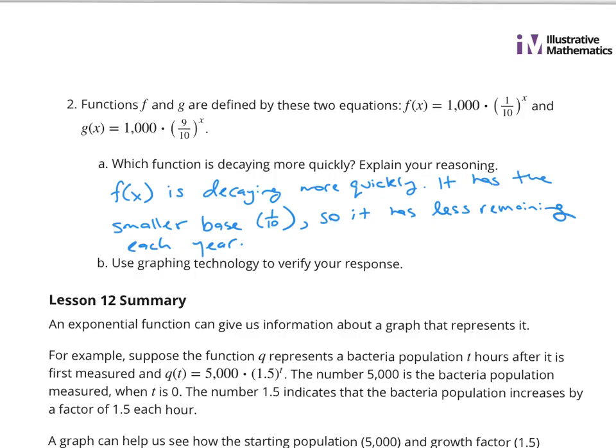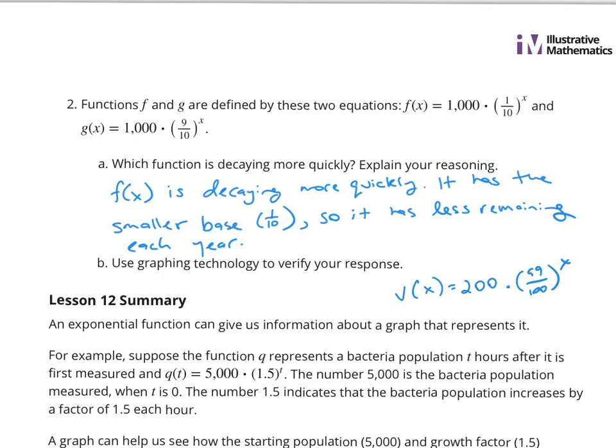So the question becomes, what if we had a different function, v of x, let's call it, and let's say v of x equals 200 times 99 hundredths to the x power. What would this look like? If we think about this, 99 hundredths tells us that that's a lot remaining from one interval to the next.